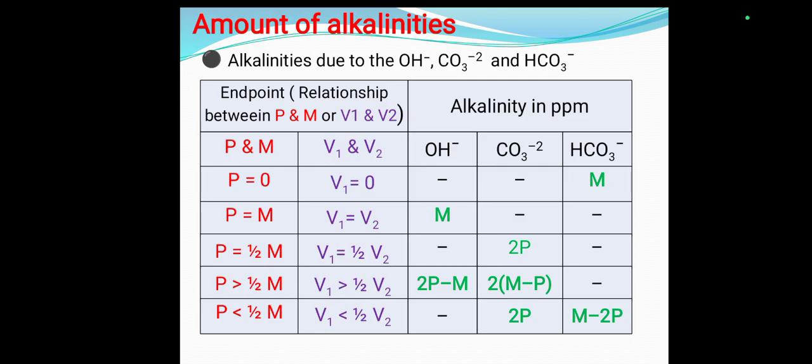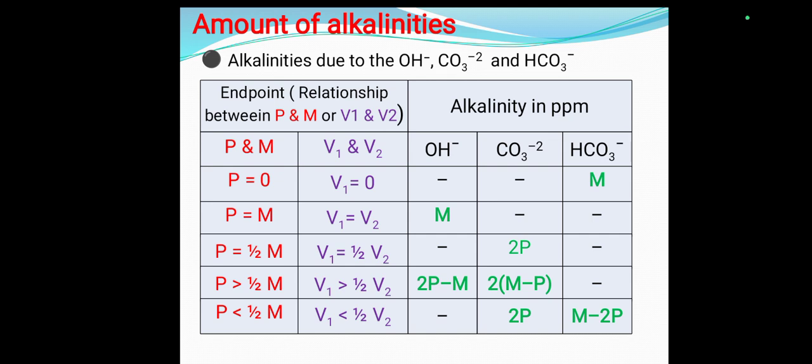So here, in the third relation, we are giving directly 2p to carbonate. So dash, 2p, dash. In the fourth relation, 2p minus yum. Then interchange the position of p and yum and put it in bracket. So 2 yum minus p, and the last one is dash.